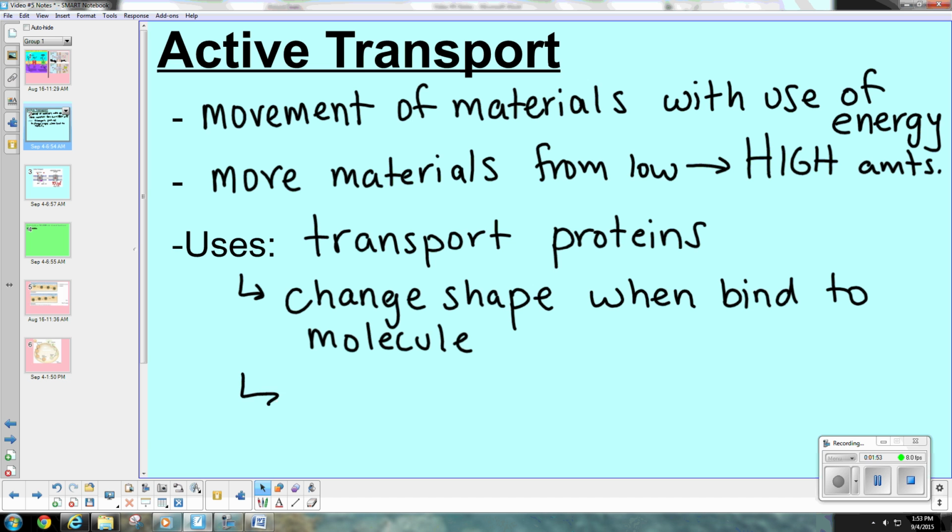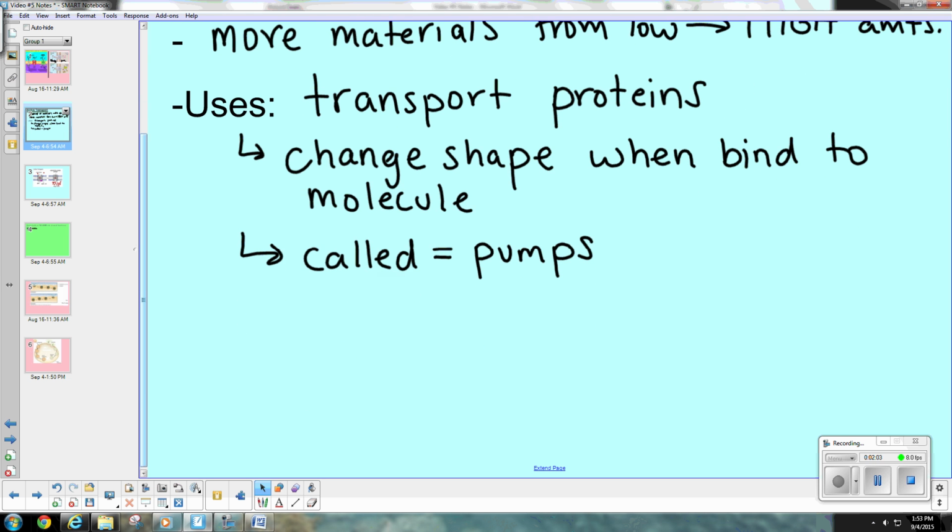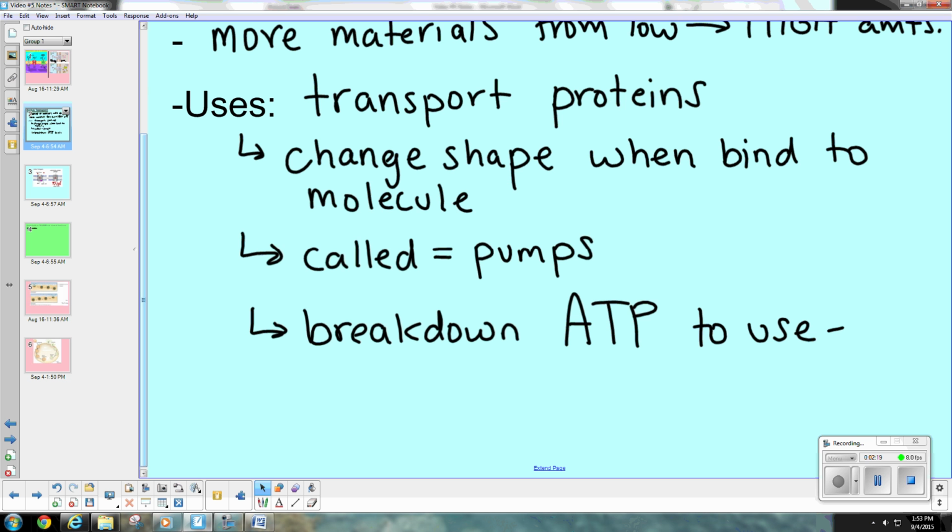These are often called pumps, so you might hear me say protein pump. We're talking about transport proteins, which have another name. They use energy by breaking down a molecule known as ATP, adenosine triphosphate, to pump the molecules across the membrane from the low concentration to the high concentration.